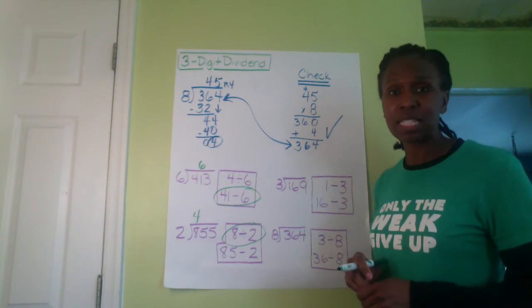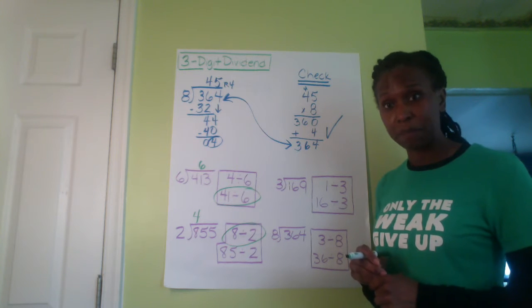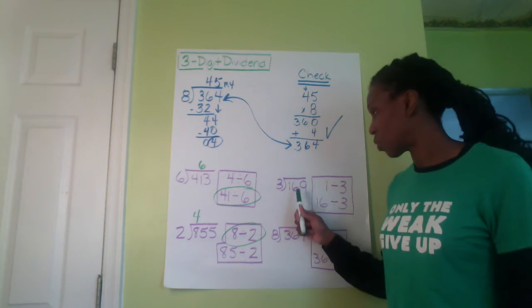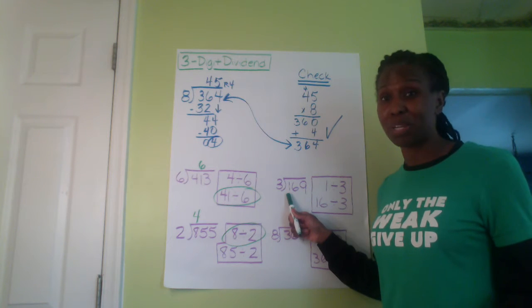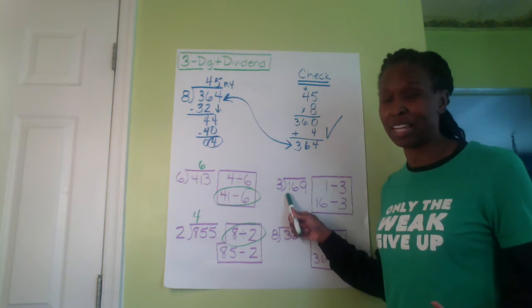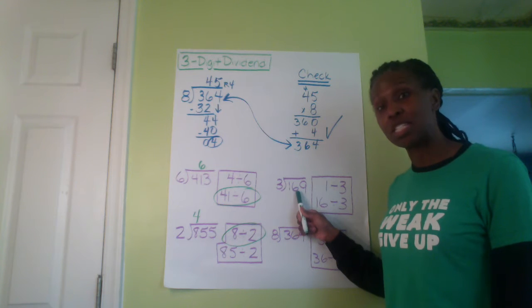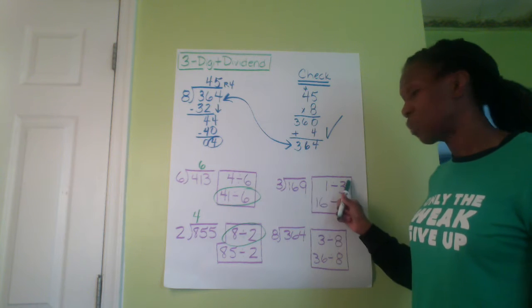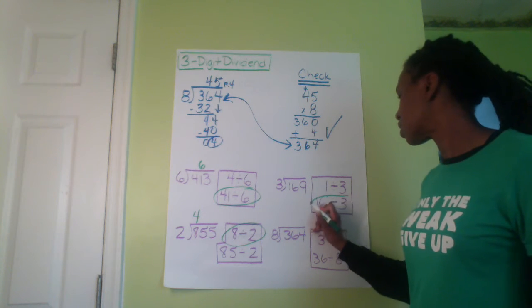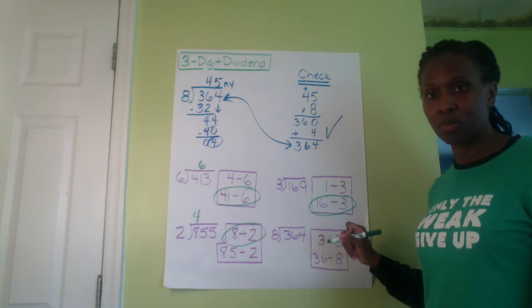I have 169 divided by 3. Okay, we're going to divide. Start by looking at the first digit. It's a 1. Can I take a group of 3 out of 1? No, you can't. So I need to include this second digit, 16. I definitely can take groups of 3 out of 16. So between these two equations, this is the first step, 16 divided by 3.